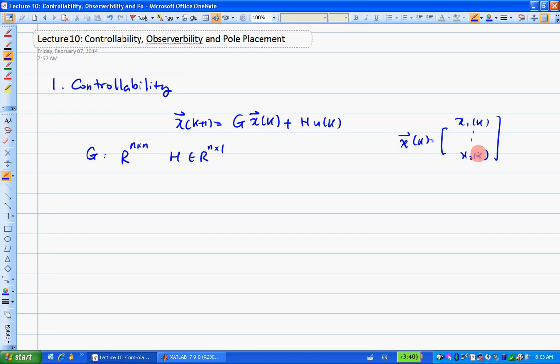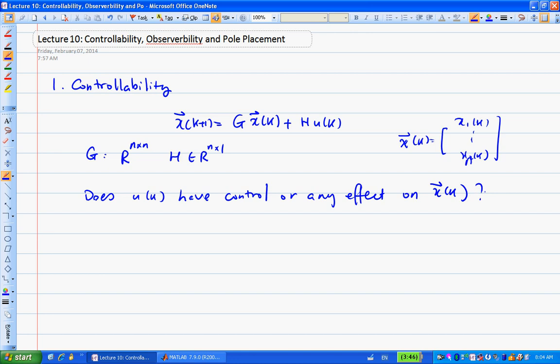Or in other words, does the U here have control over x1, x2, or does U have an effect on x1 to xn? So that's the question. Basically, does U of k have control or any effect on x of k?